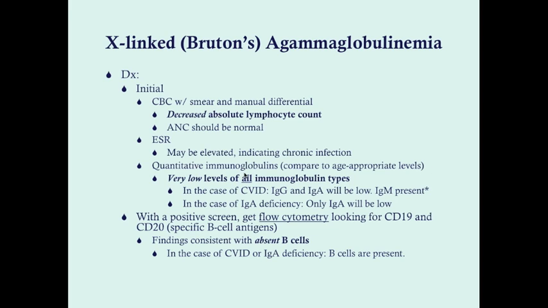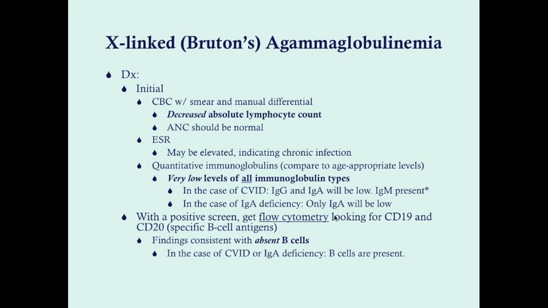And then this is probably the most important test because it's going to help you the most. It's quantitative immunoglobulins, and what you're basically doing here is you're just testing levels of all the immunoglobulins. It's a little more complicated than that test-wise, but quantitative immunoglobulins, you're getting levels of your immunoglobulins. And what you expect to see are very low levels of all immunoglobulin types, and that is a very specific finding for X-linked Agammaglobulinemia, which is going to really be the only one where you're going to have reduced level of all the immunoglobulin types, including IgM.